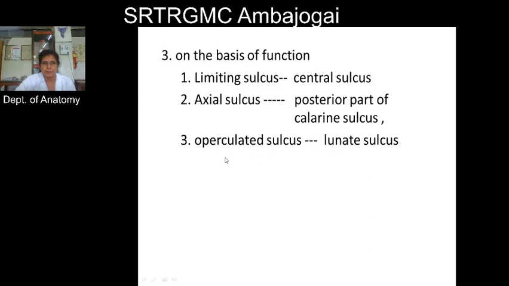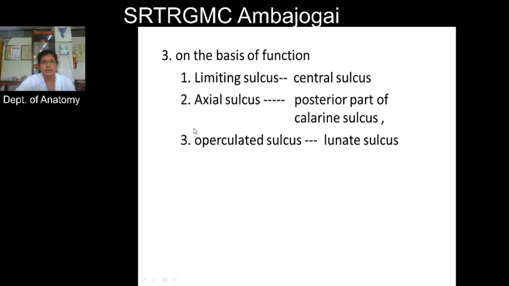Operculated sulcus means this sulcus separates two structurally different areas, and there is a third area which is present in the wall of this sulcus. So this lunate sulcus separates the striate area from the parastriate area, and in the depth of this lunate sulcus there lies the peristriate area.